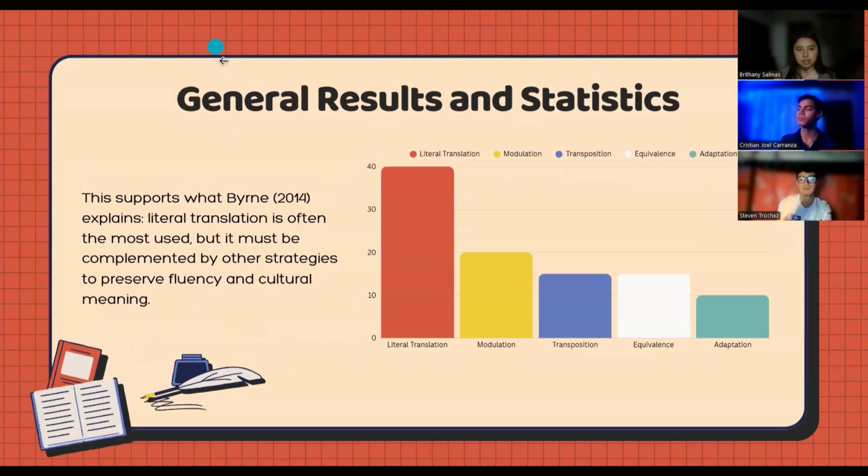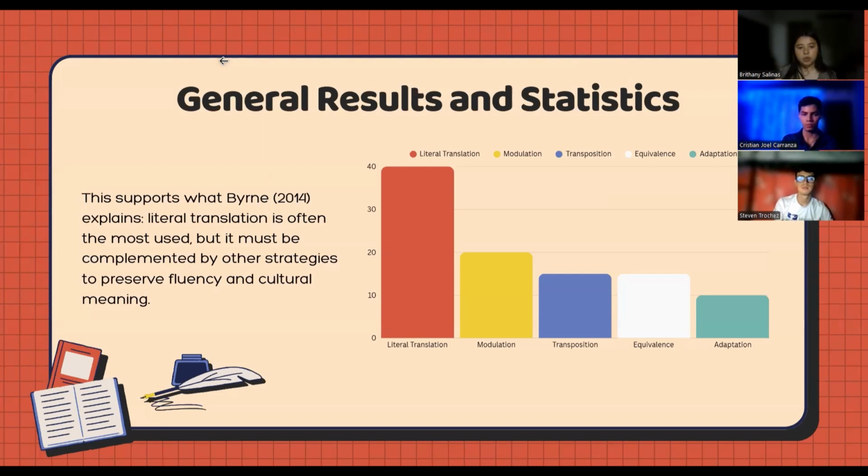After analyzing the full story, we calculated the approximate use of each strategy based on frequency. So these are our findings. First, literal translation with 40%, modulation with 20%, transposition 15%, equivalence 15%, and finally adaptation with 10%.